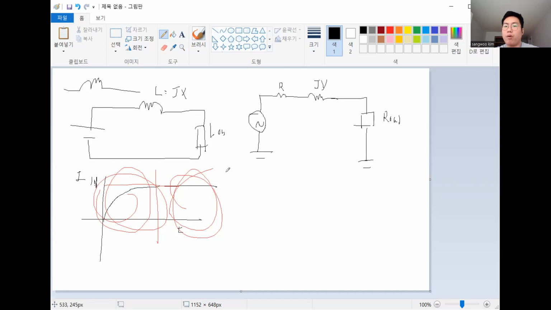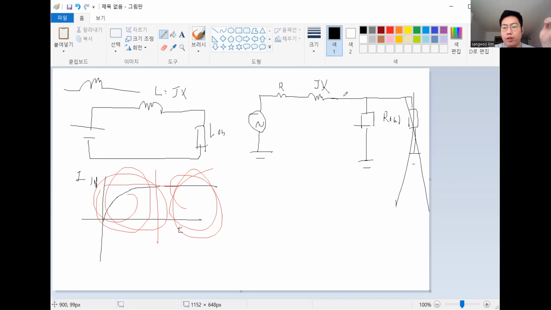This is the simple power system, right? The jX and load are going to be in parallel if we add more load. By the way, for now I will say one load, okay?